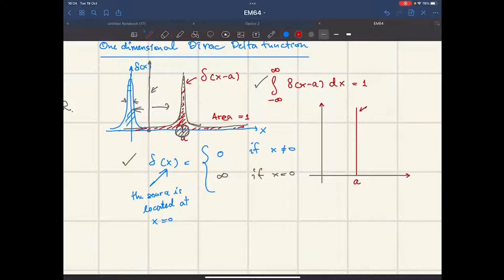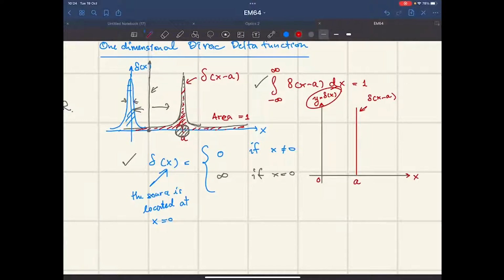This is our Dirac delta function at x equal to a. I only write this down to make it correct, that's all, because this happened at x equal to 0.